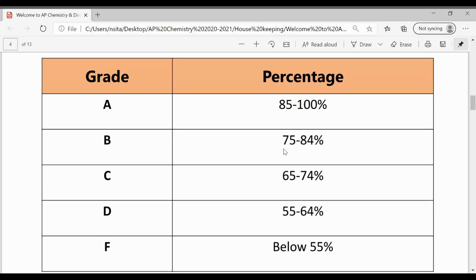The grade for both classes is 85 to 100% is an A, 75 to 84 is a B, 65 to 74 is a C, 55 to 64 is a D, and below 55 is an F. This class is kind of hard to get an F. If you really don't turn in your work and you don't show up, then that's when you will earn a failing grade.